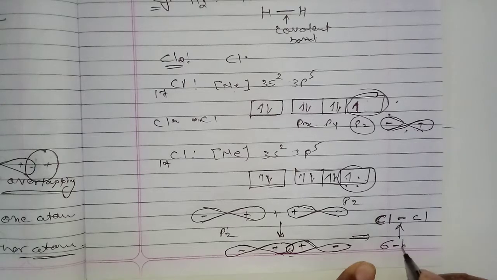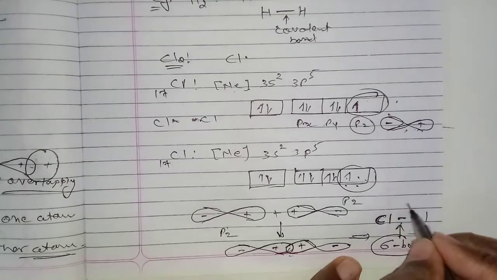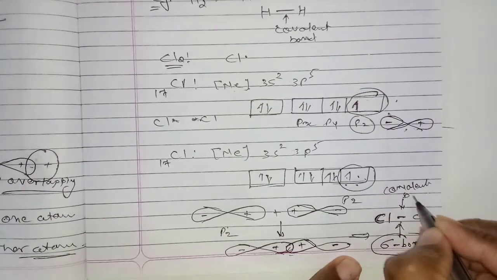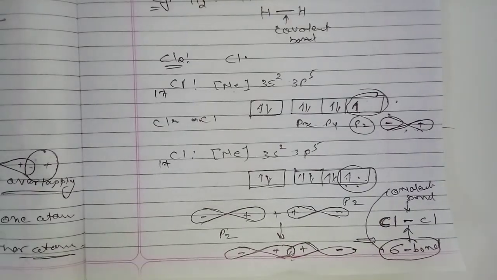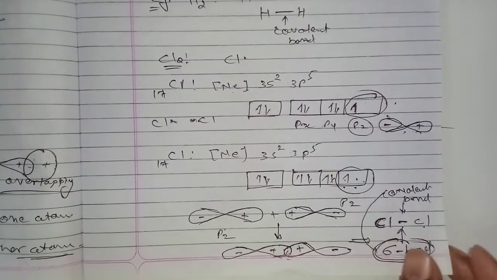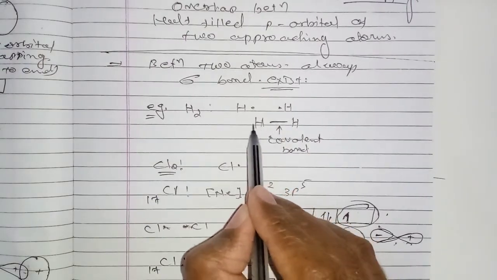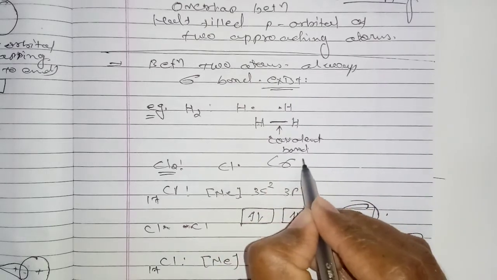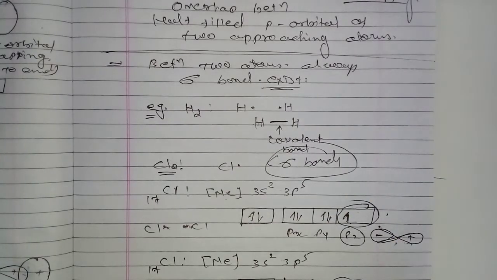Okay, sigma bond. The covalent bond, but which type? Sigma type. The sigma bond is formed between two chlorine atoms, or between two hydrogen atoms.